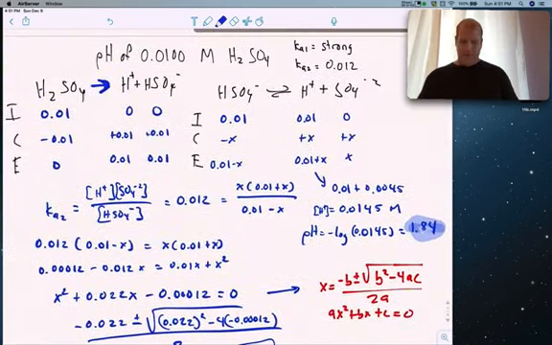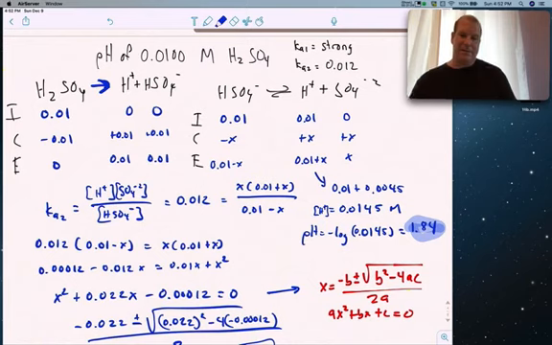Okay, so let me recap this one. So pH of 0.1 molar sulfuric acid. So when you look at sulfuric acid, you're kind of looking at two acids, a strong acid and a weak acid. The first thing that happens is the sulfuric acid breaks apart. So the 0.01 molar sulfuric acid is going to break apart into a hydrogen ion and bisulfate. And so then we have the second equilibrium here.